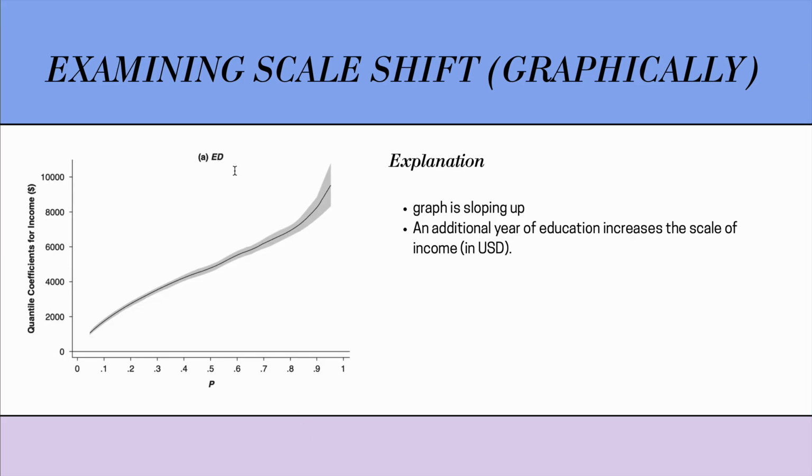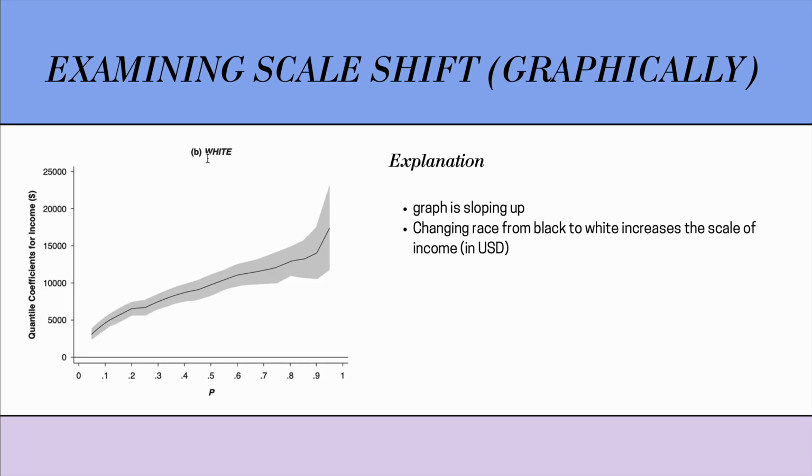First, we look at the predictor variable ED. Since the graph is sloping up, there is scale shift, and we can interpret this as an additional year of education increases the scale of income in US dollars. This is because we can see that the pattern is sloping up.